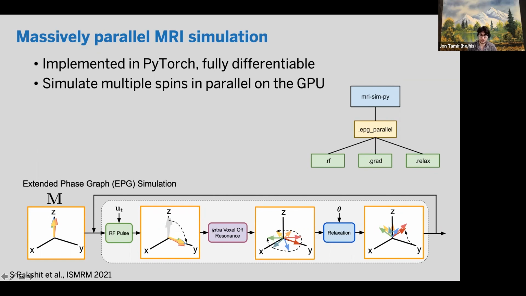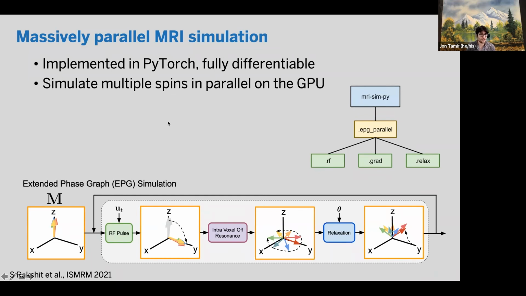Then they will be subject to different off-resonance effects due to the physics of the MRI. And then they will also have their tissue parameters, theta, affect their components as they return back to the equilibrium state where the next MRI experiment would repeat. And so we've implemented this in parallel on the GPU, where we've implemented these different components of the extended phase graph simulation.